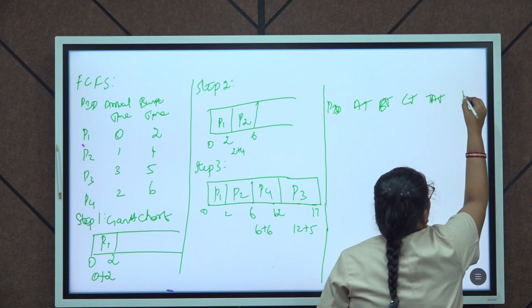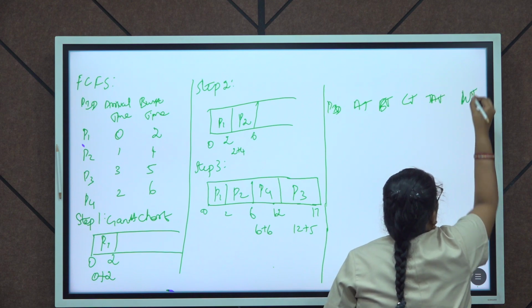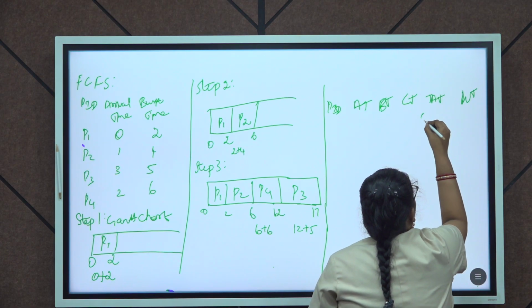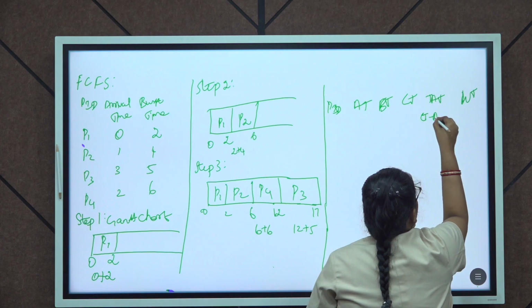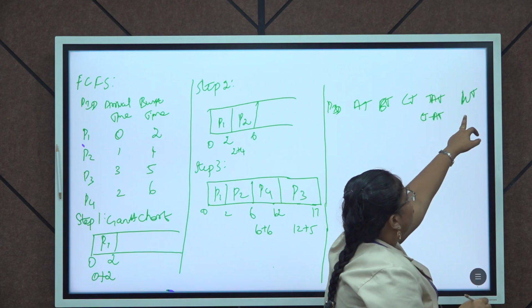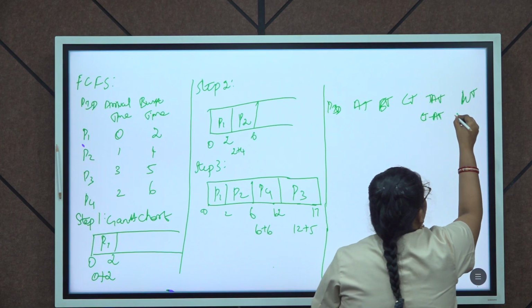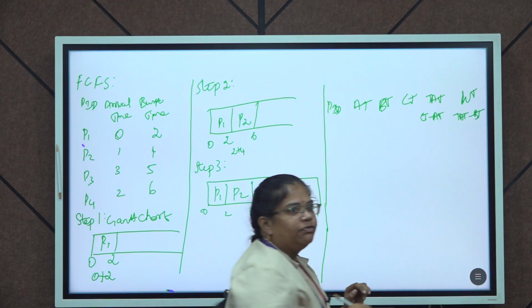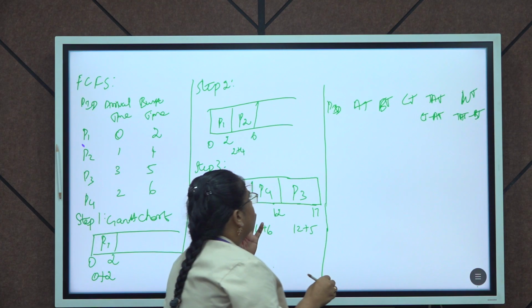Last one is waiting time. The turnaround time formula is CT minus AT. The waiting time formula is turnaround time minus burst time. Those are the formulas.